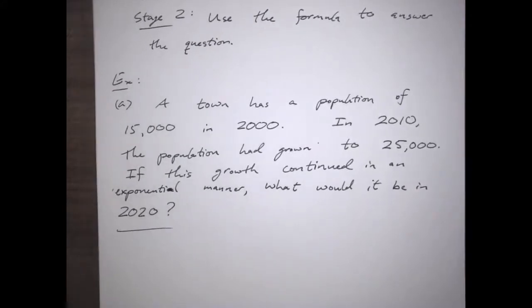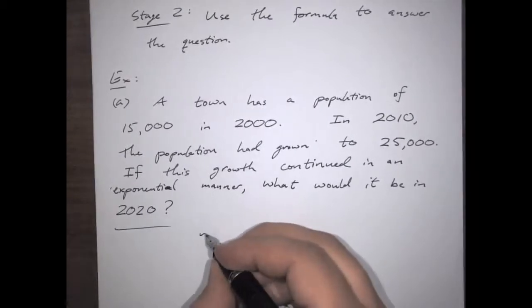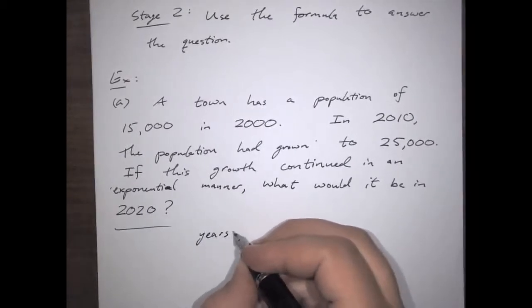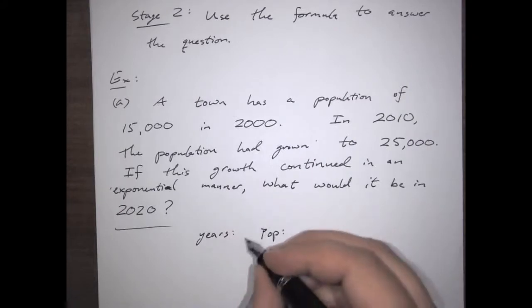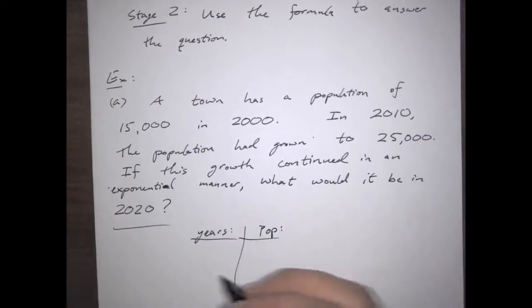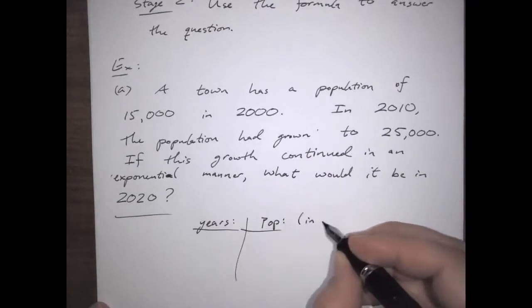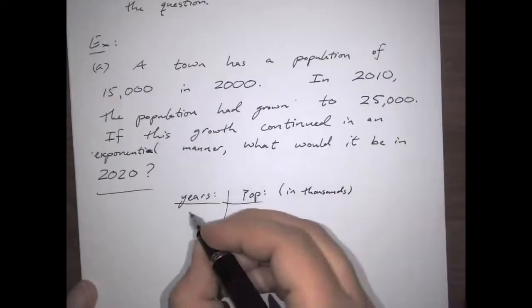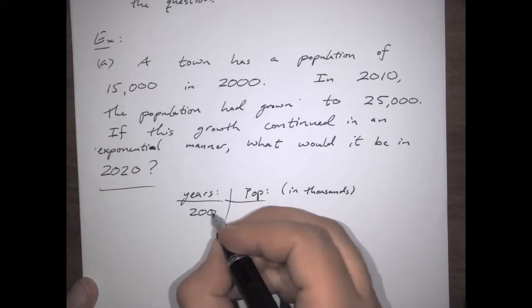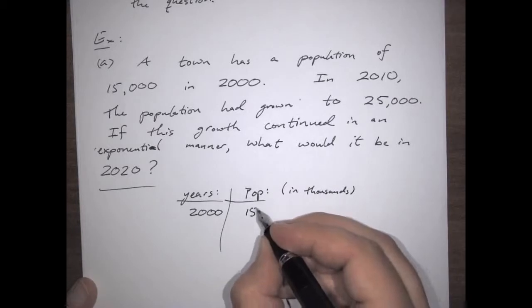Alright, so let's think about what we've got here. So we've got some years, we've got some populations. So years and populations, that's the information that's given to us. And here, there's no reason why we can't do it in thousands. So the information, in the year 2000, the population was 15,000.